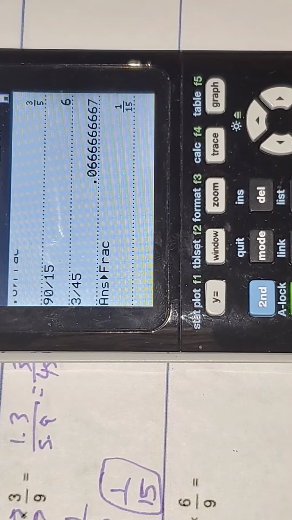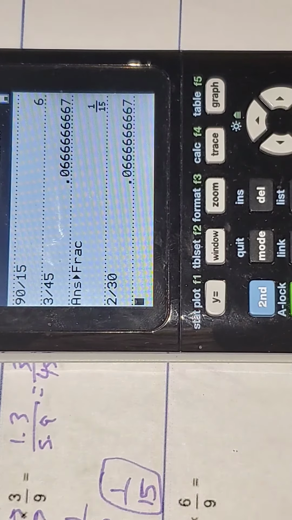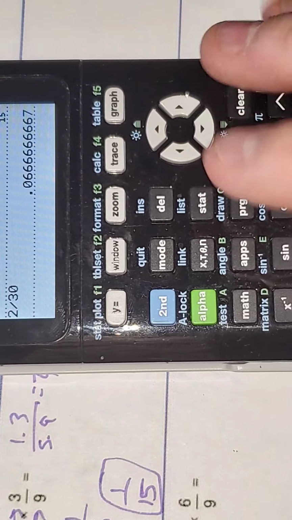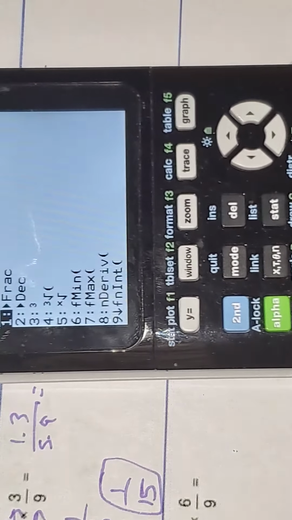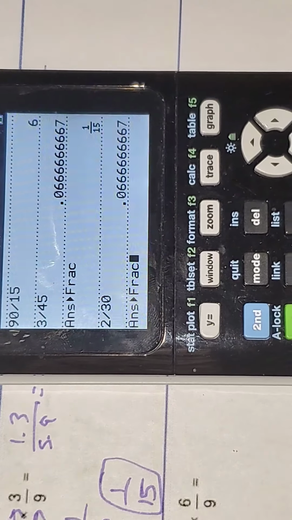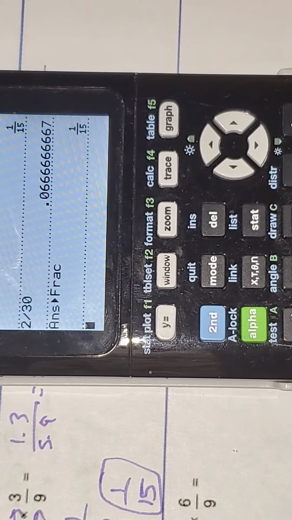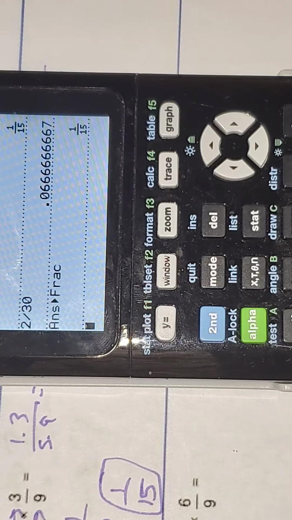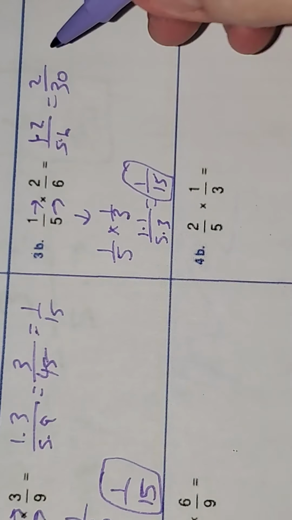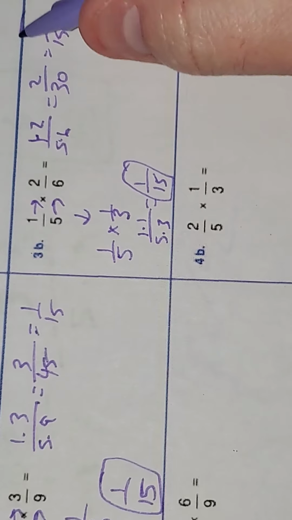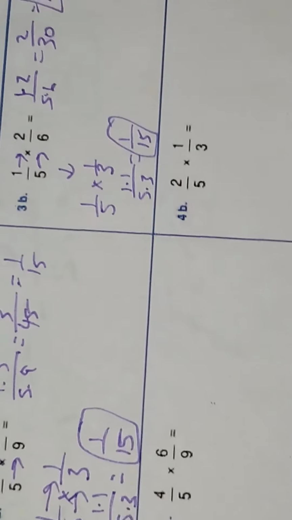Again, we just do 2 divided by 30. We have that result. We hit math and we hit enter for fractions. Enter again, and we can see we get a 1 over 15 again. Okay, and that's 1 over 15, and again, that's your final answer.